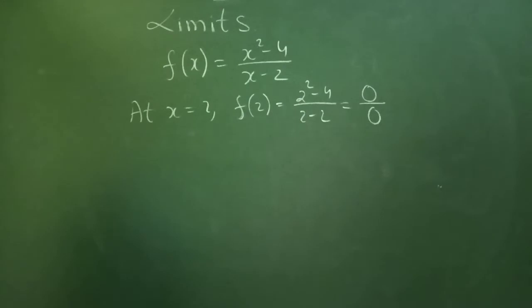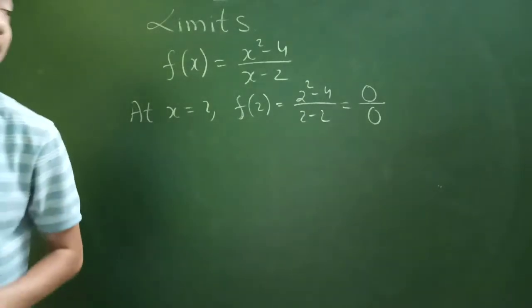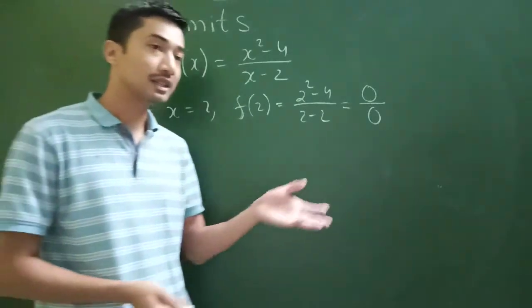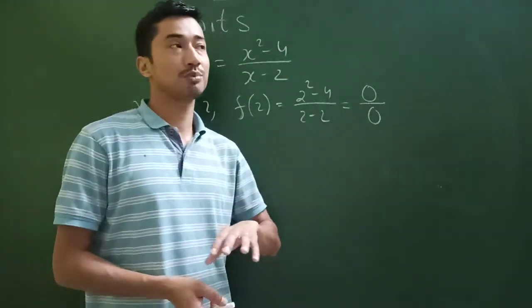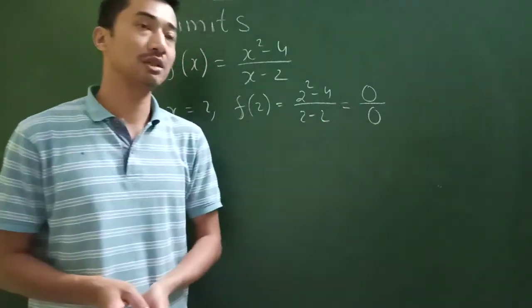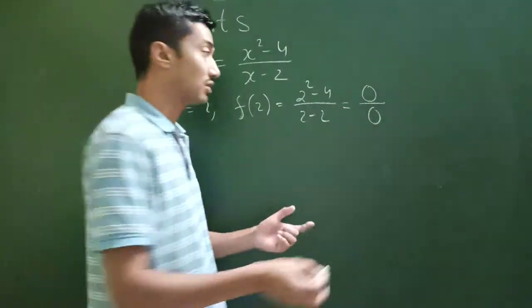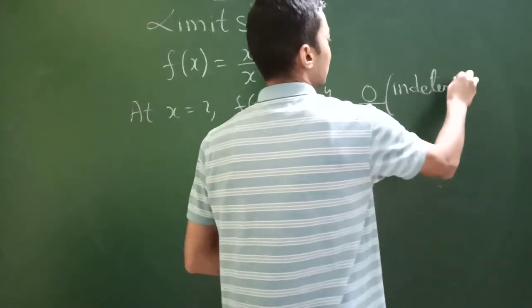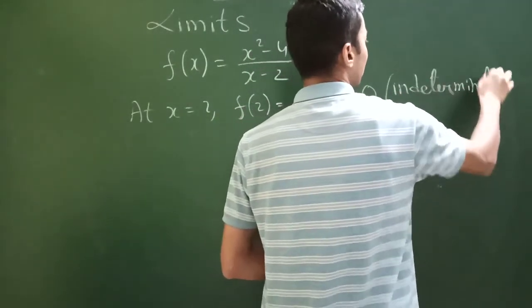Now this is something which is actually not accepted in mathematics. This is something which we call meaningless, because you cannot divide nothing by nothing. We cannot express nothing with respect to nothing. So 0 by 0 in mathematics we say is meaningless, or in other words we call this indeterminate. That means something which cannot be determined.